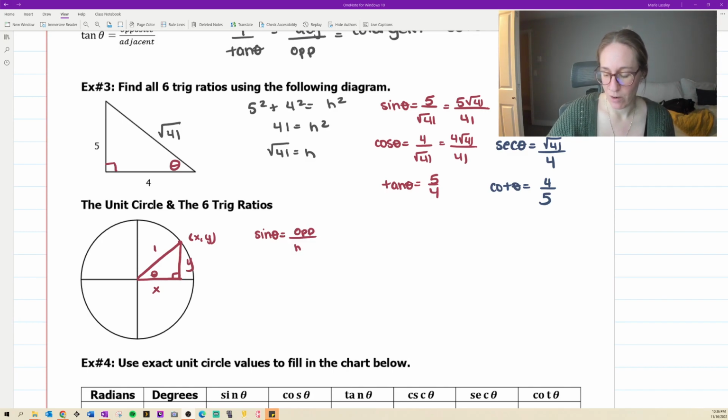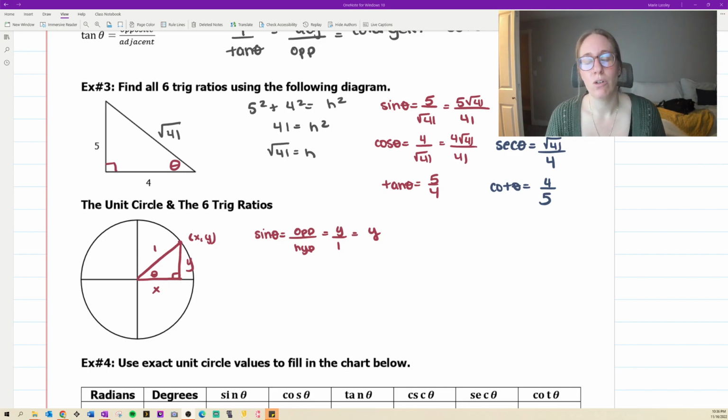What's nice now is that since your hypotenuse is 1, because your radius is 1, your sine value is just y. Sine is the y value of your coordinate, which is really helpful. You don't have to make an awkward ratio, you just already have it.